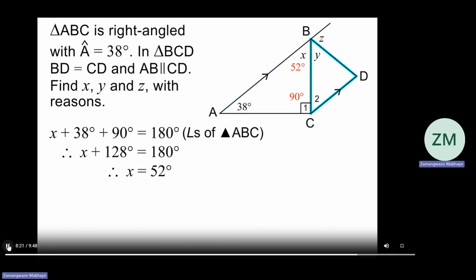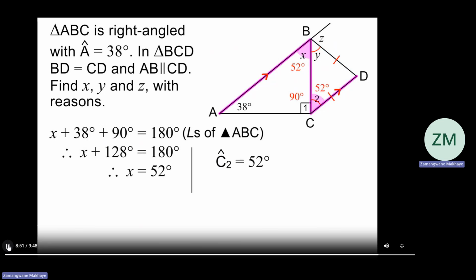To find y, you need to recognize that triangle BCD is an isosceles triangle. This means that angle C2 and y are equal. Can you see a way of finding the size of angle C2? Let me help you. We need to use parallel lines, as well as the letter Z or N. Now can you see how to find angle C2?